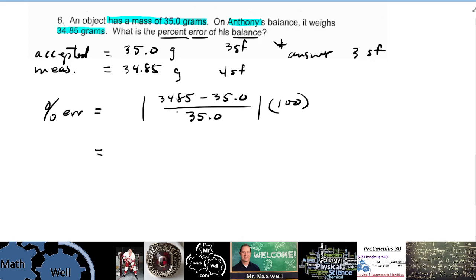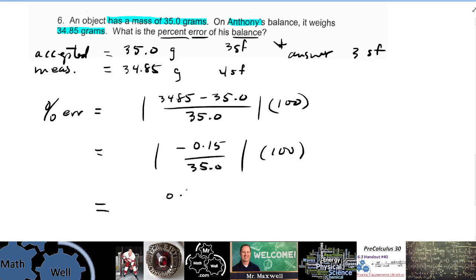Okay, so this is what? 0.15? Here, I'll just show this step too. If you do this on your calculator, you're going to get negative 0.15. And this is where we have to remember that the absolute value gets rid of all the negative value inside there.